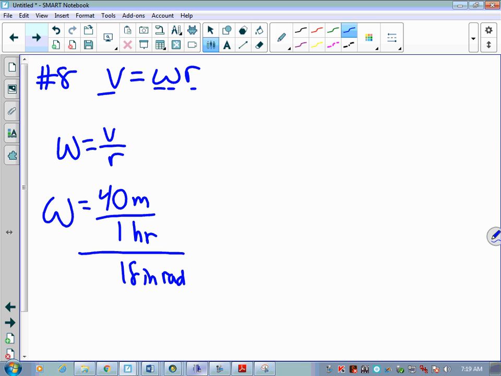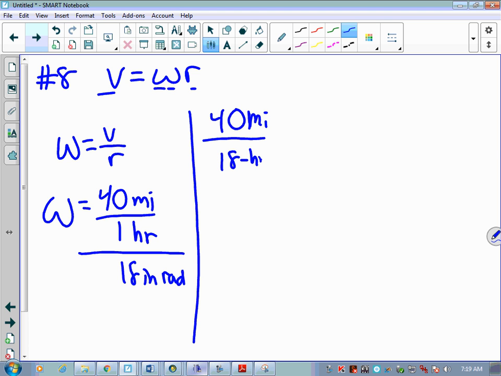Give me a second here. We're going to end up rewriting this this way: 40 over 18, which is miles per hour per inch.